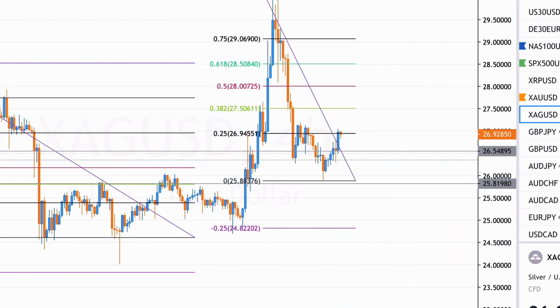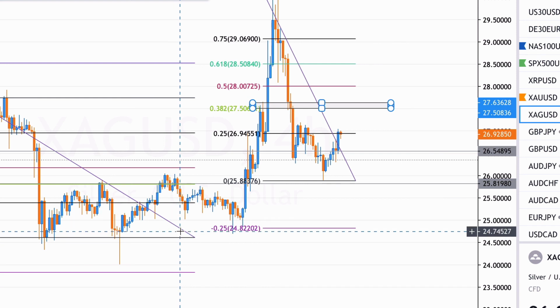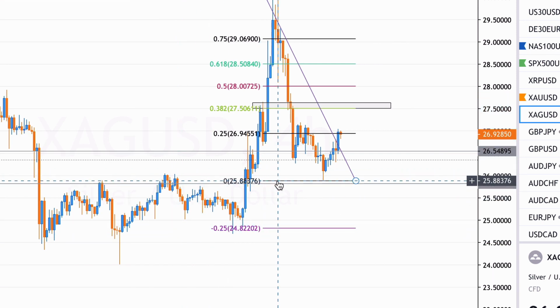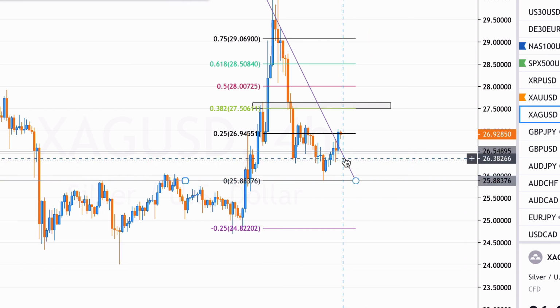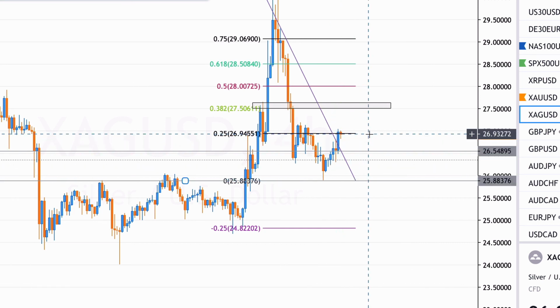So I will put a rectangle here. I will get rid of this noise. Here's where we started as a low. Here's where we are now.